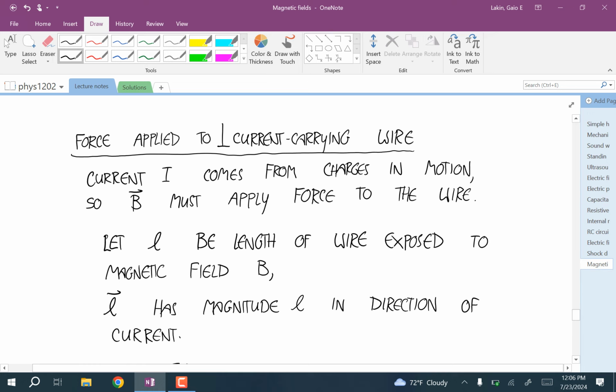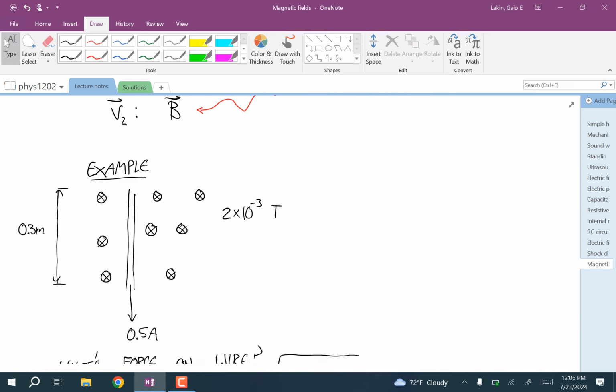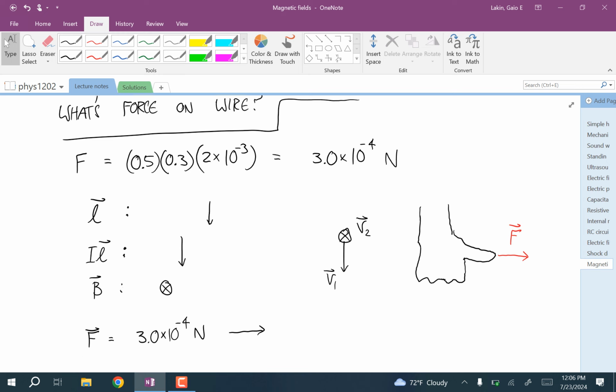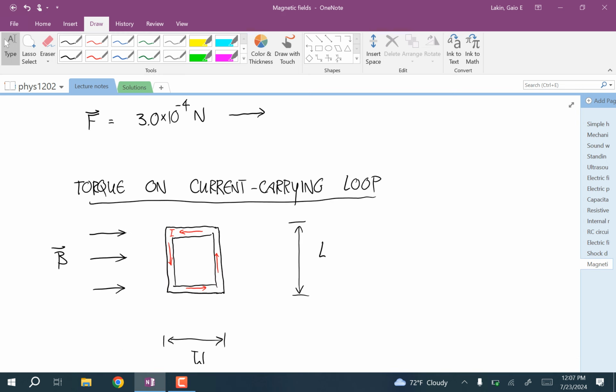Okay, so that's a perpendicular sign. And you can see it when we did the example, the current is perpendicular to the magnetic field. Okay, so right away you can see that two of these four sides are not going to have any force acting on them.